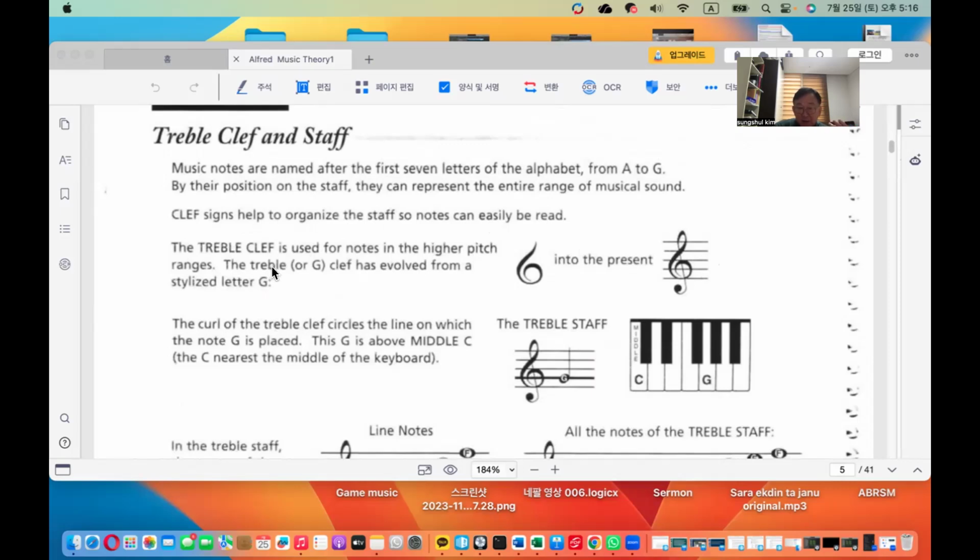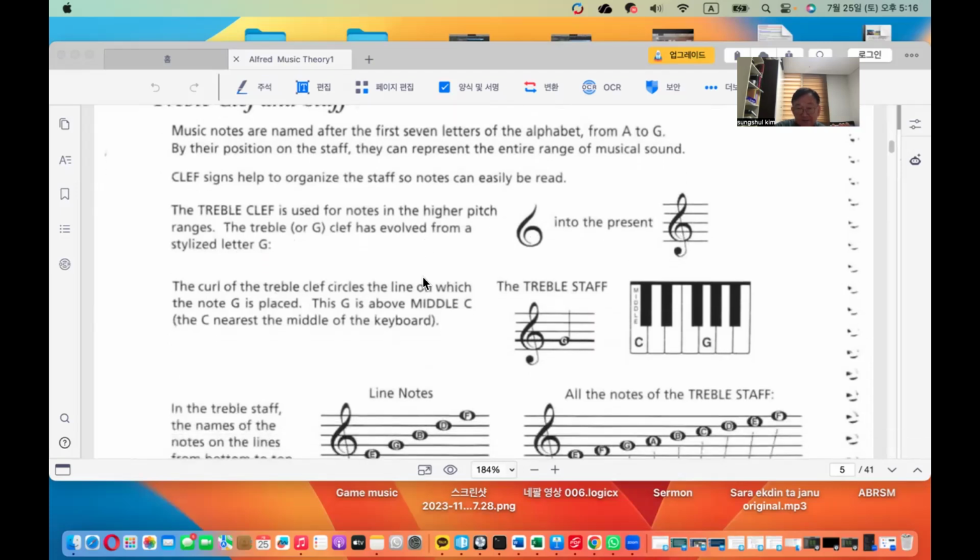The treble clef, or G clef, has evolved from a stylized letter G. Look at this, it looks like the alphabet G. So that's why into the present, G clef, treble clef, goes like this.